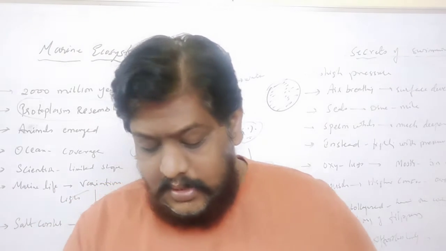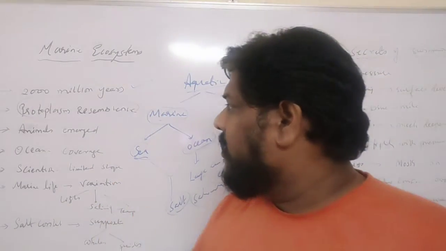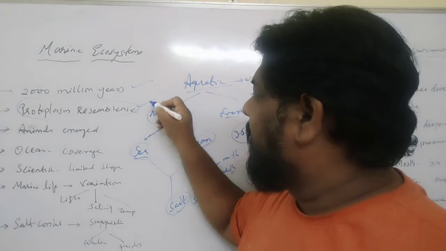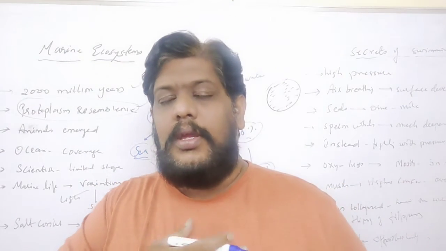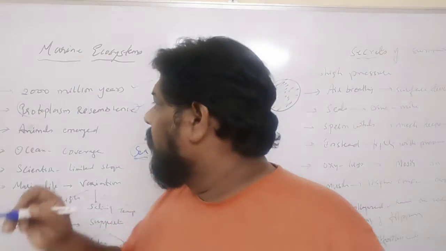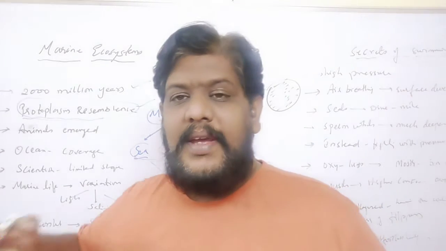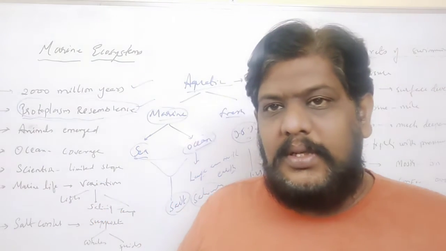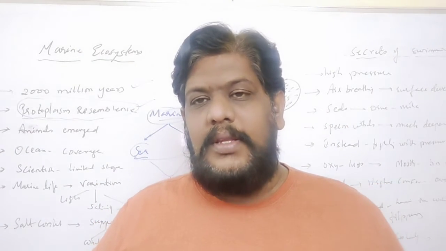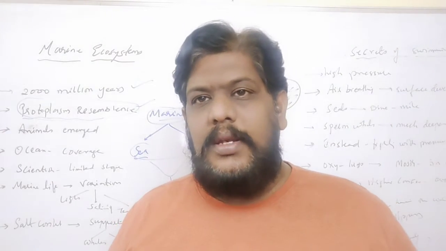It is said to have a great resemblance. I'm talking about human protoplasm, monkeys' protoplasm, lions' and tigers' protoplasm. The protoplasm present in these animals has a very great resemblance to the protoplasm found in the water bodies, in the sea and especially in the ocean waters.